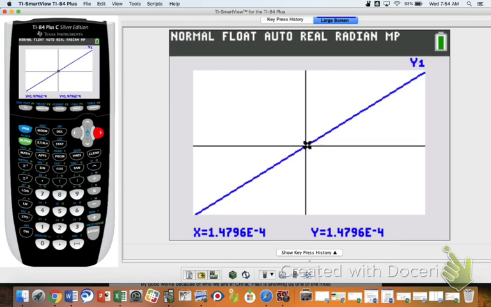So let's try that. I'm going to keep scrolling around here and just see what happens. So pay close attention. What do you think about that point? We good? Still looking like Y equals X, right? Good? Don't zone out on me here.